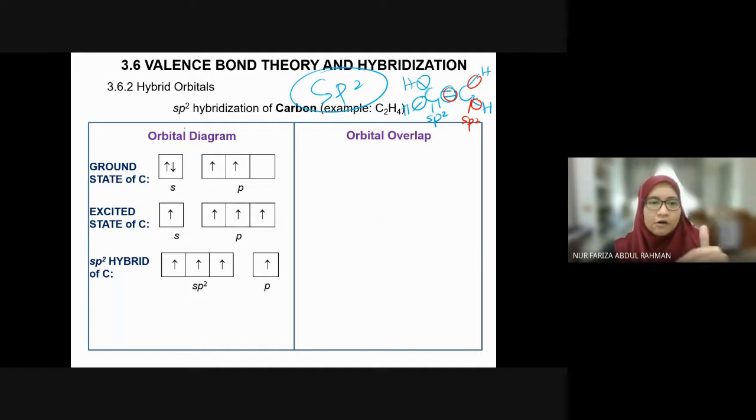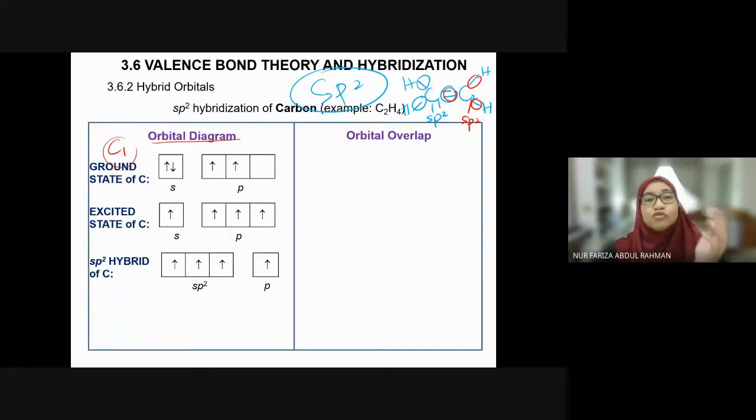As you can see from the slide, we only have 1 orbital diagram. Let's just assume this is for C1. By right, you should have 2 orbital diagram, C1 and also C2. C2 in this case, for C2H4, the central number 2, will have exactly the same orbital diagram as C1.